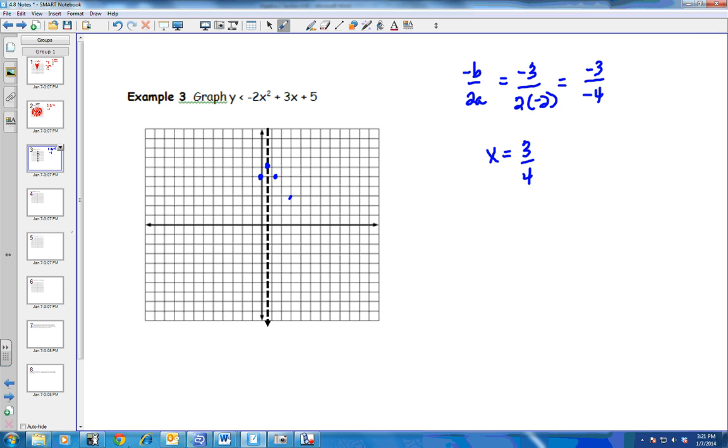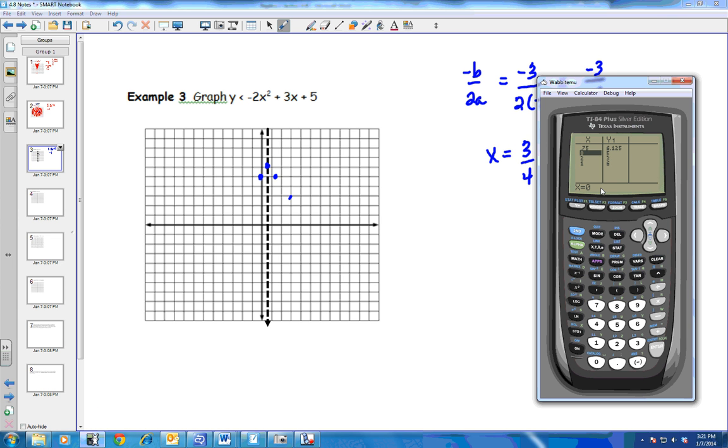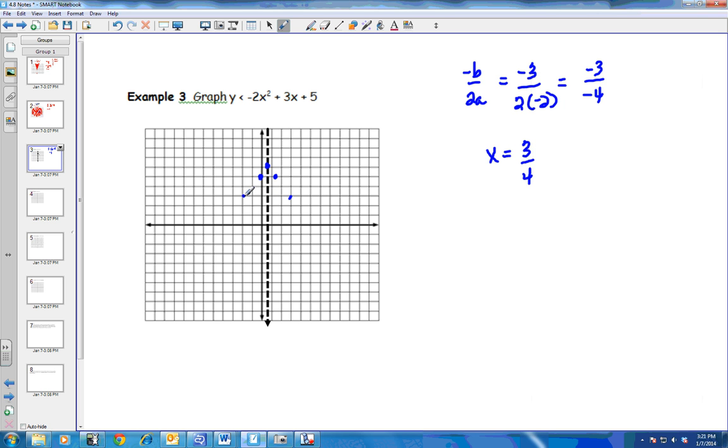Let me make sure I have 0, 5. Yeah, okay. So then I have the point 2, 3. So I'm going to have that same point over here on the other side, the equal distance. So that's a little bit past 2, so somewhere around there.